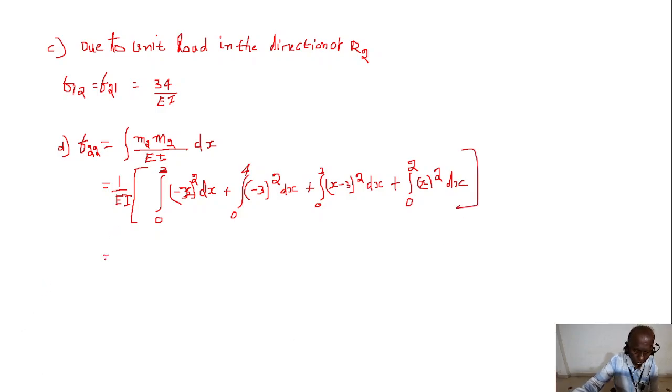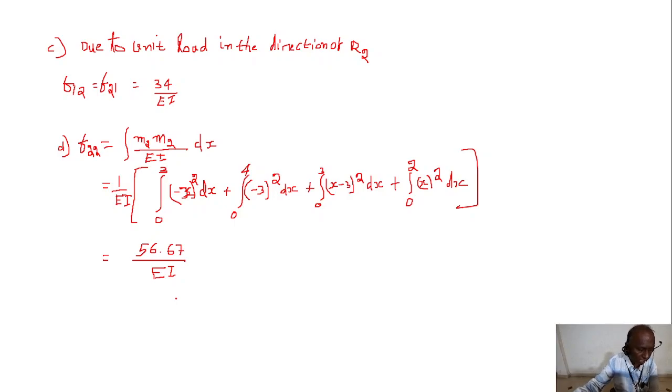Okay, so you will solve this equation, we will get the value 56.67 by EI. So these are the flexibility coefficients.